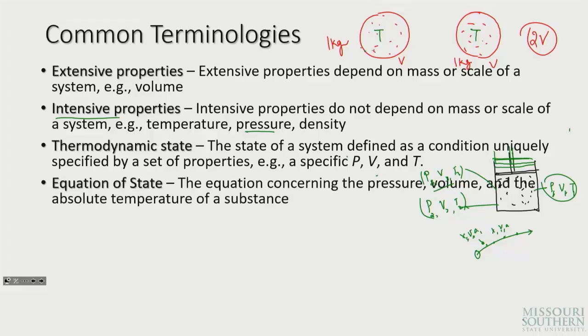So next thing is equation of state. This is very important for thermodynamics. So in order to describe the thermodynamic state of the system, which we just described, we need certain variables, like here in this case we are using P, V and T to describe the state of a system.